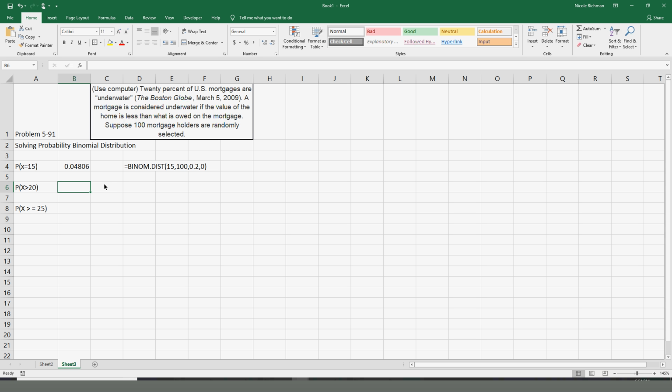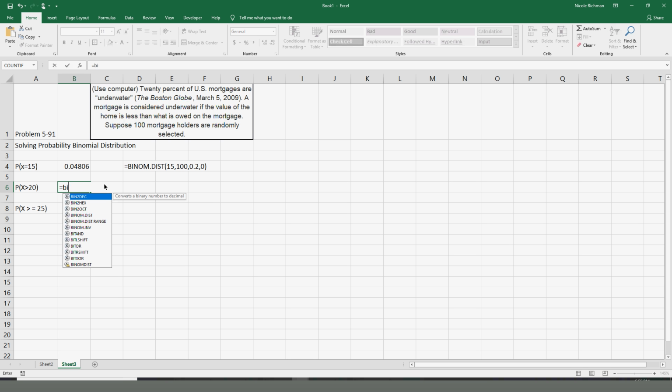And for the next one, it's a little bit different because we want to know the greater than 20. So we're still going to do our binomial distribution. Just a second, switch screens here. So we're still going to use our binomial distribution function, and we're going to do 20.